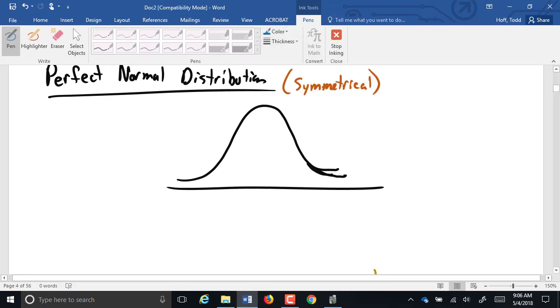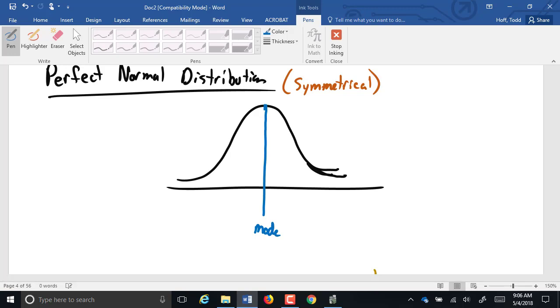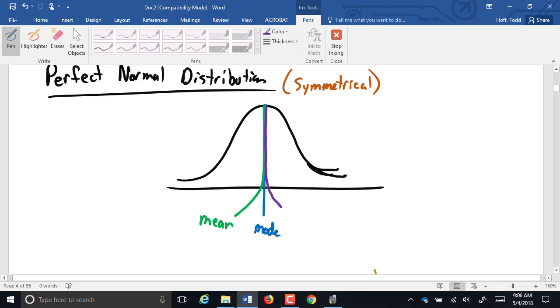Of course, the mode is the highest part of the curve, right? That's the number that occurs the most often. The mean should be that same number. And the median should also be that same number.